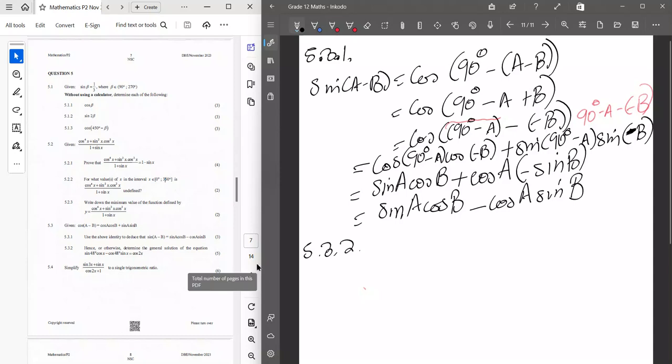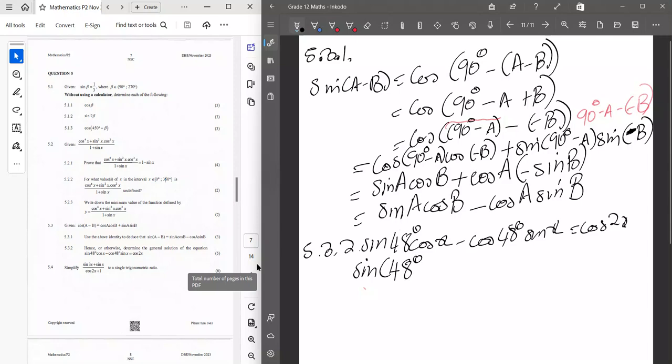So sine 48 cos x minus cos 48 degrees sine x is equal to cos 2x. Now what does this look like? It looks like sine(48 degrees minus x), isn't it? AB. So it's sine(48 degrees minus x) equals cos 2x.